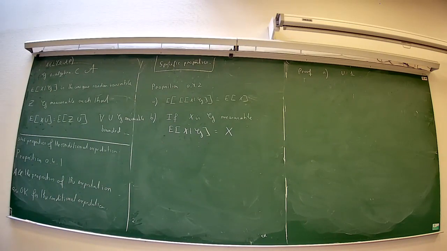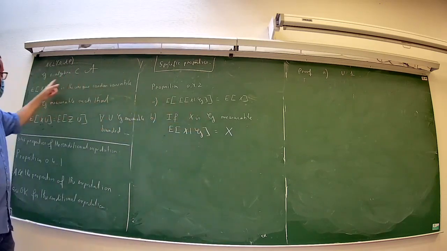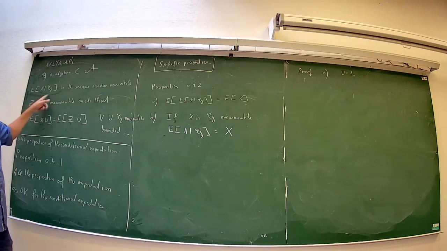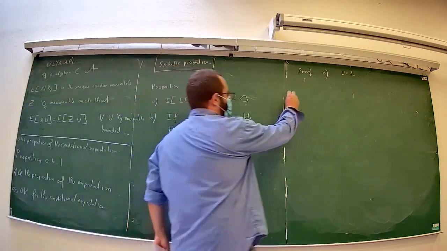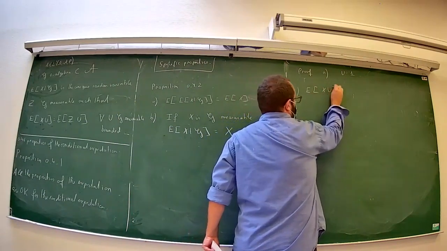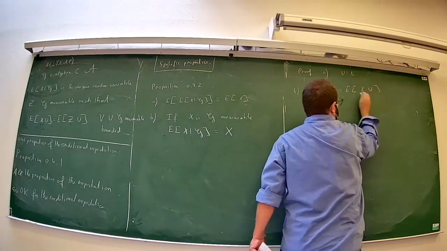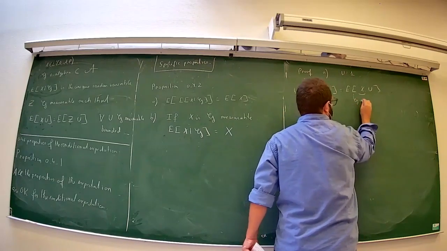My intuitive argument is the one with the interpretation in terms of approximation, but if I come back to the definition, first I know that x is J measurable, as has to be the conditional expectation, and I can write this one, that is the stupid one, having in mind that it is J measurable.